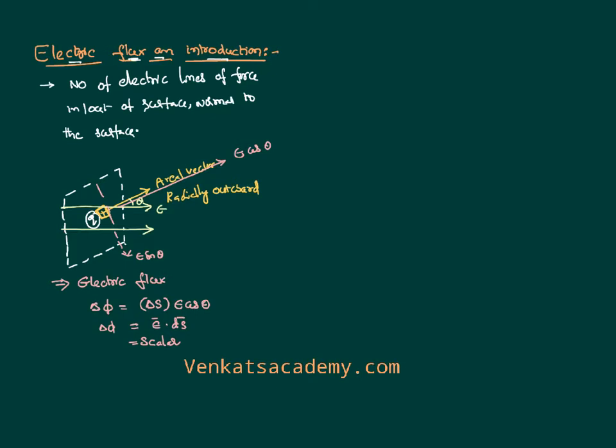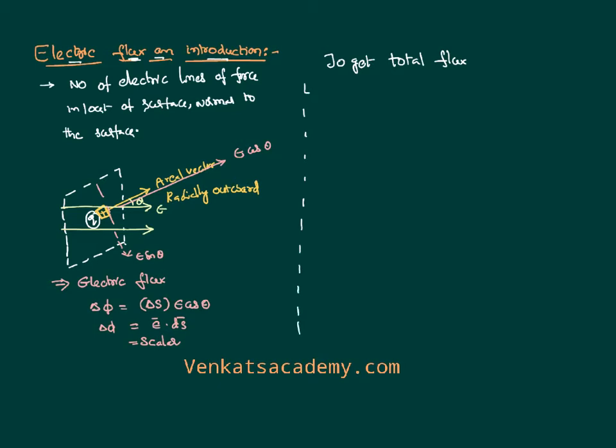If I want the total electric flux due to all the surfaces, there are so many surfaces, and each flux has to be calculated. Then we have to add all of them, that is, integrate the equation. To get the total flux, I have so far got only a component of the flux due to a small charge.